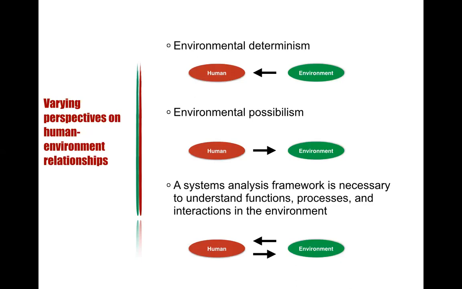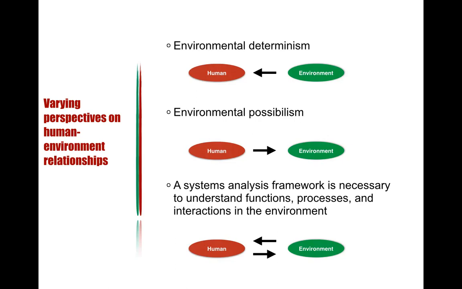Like for instance, prior to 1950s, nauso yung environmental determinism, yung perspective ng environmental determinism. So basically, sinasabi dito that humans and environment are separate. They are isolated. Pero yung environment, it's the one affecting humans.